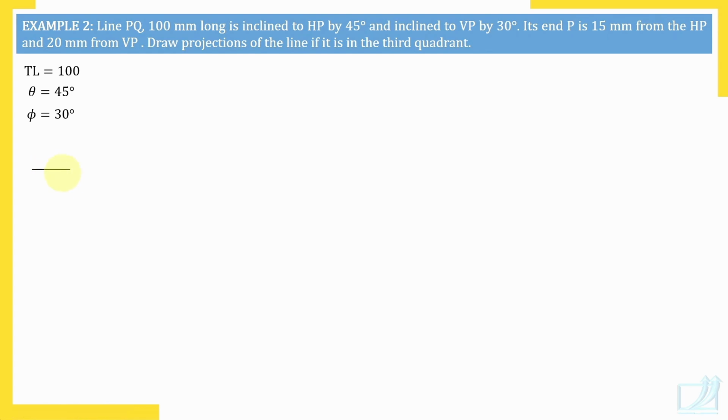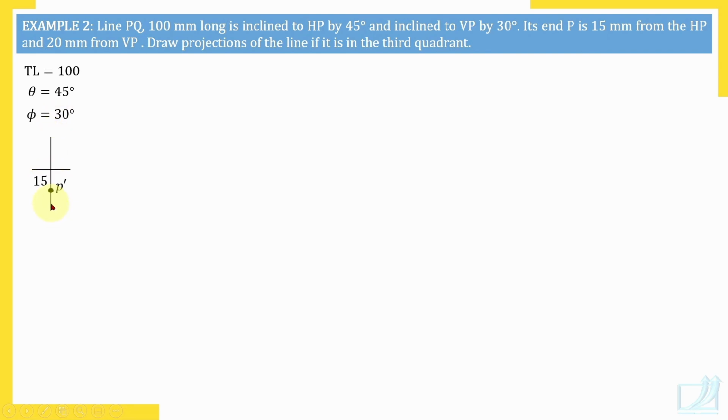So here it is the XY line, here it is the projector of point P. What is the distance of point P from HP? 15 millimeter, and the front view gives distance from HP. So measure 15 millimeters below the XY line, because we know that point P is in the third quadrant, so top view above and front view below.